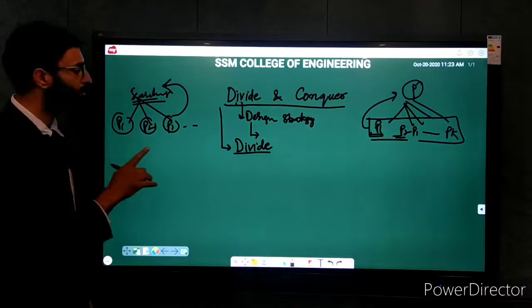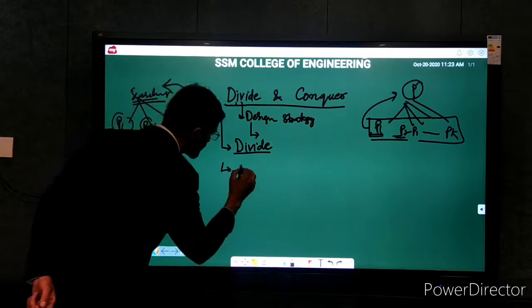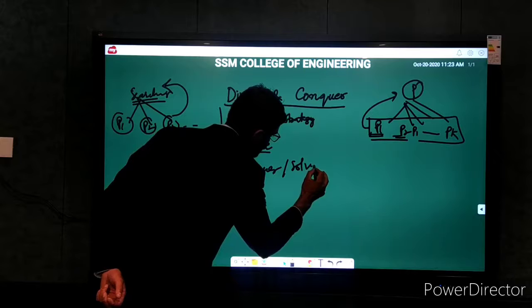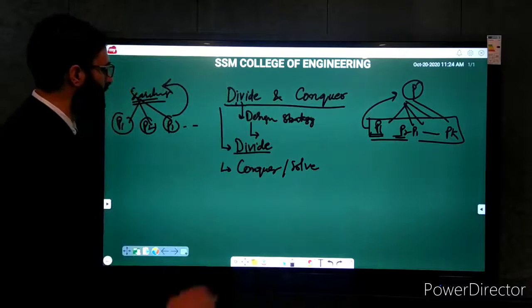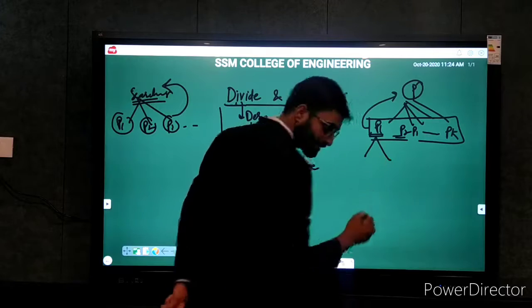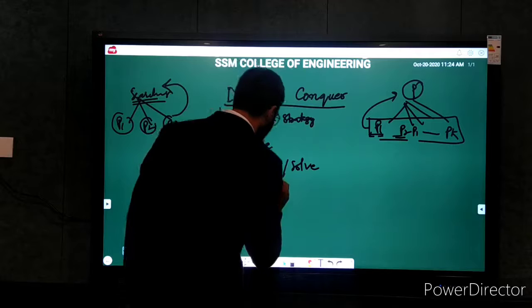This is the point which is to be noted over here. And after that divide we conquer, or we can say solve these sub problems. These sub problems are solved recursively. Means we find the solution of each of these sub problems recursively, right?